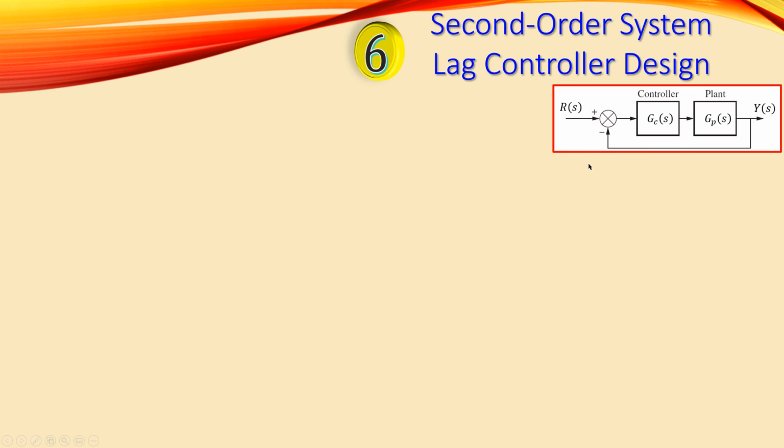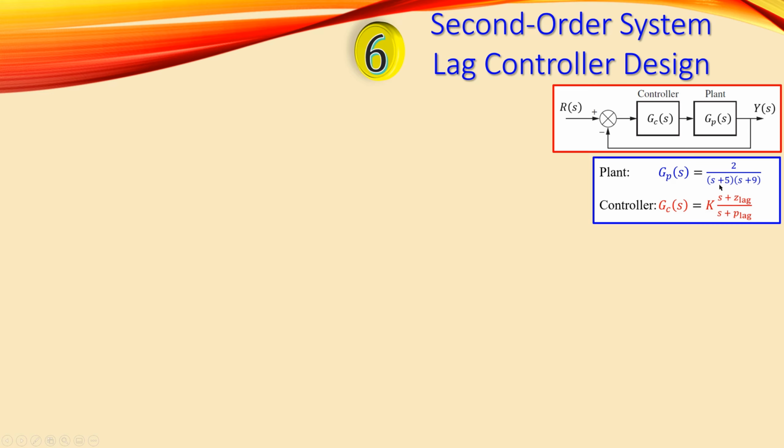What we have is a second order system, which is shown here in the diagram. This is the controller in cascade with a plant. So we have the controller that must be designed with a plant, and the plant is a second order system, 2 over (s plus 5) times (s plus 9). So there are two poles at -5 and -9, which are already real and stable.